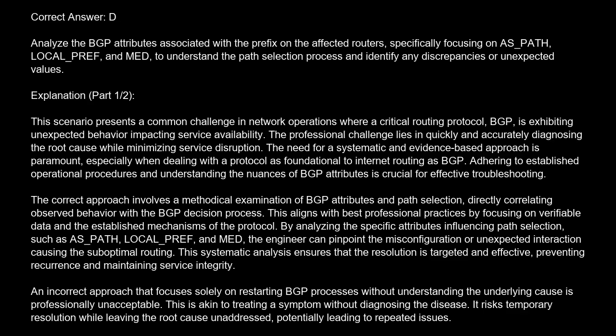By analyzing the specific attributes influencing path selection, such as AS path, local pref, and MED, the engineer can pinpoint the misconfiguration or unexpected interaction causing the suboptimal routing. This systematic analysis ensures that the resolution is targeted and effective, preventing recurrence and maintaining service integrity.